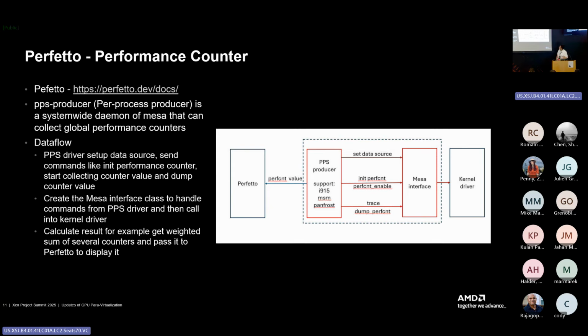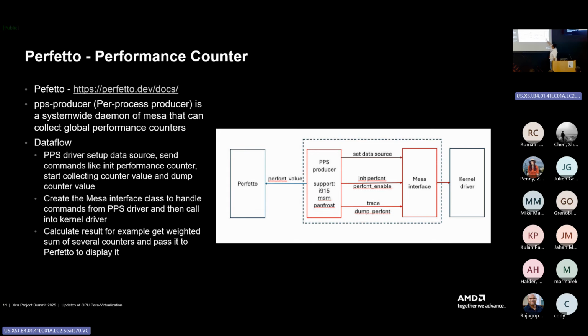We will set the data source first, initialize the performance counter, and do the GPU performance counter sampling here. We also add trace events to dump the performance counters in the Mesa driver.